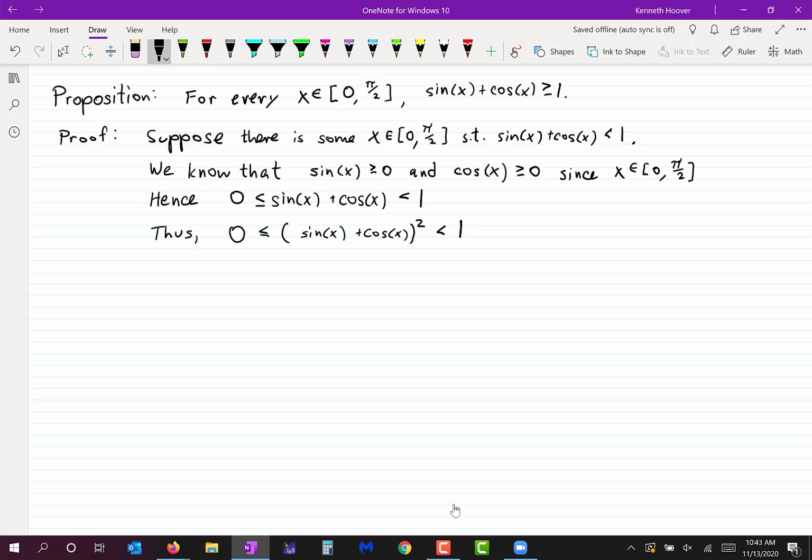Isn't that sine squared plus 2 sine x cosine x plus cosine squared? Let's write it that way. In other words, 0 is less than or equal to sine squared x plus 2 sine x cosine x plus cosine squared x, and this is all less than 1.